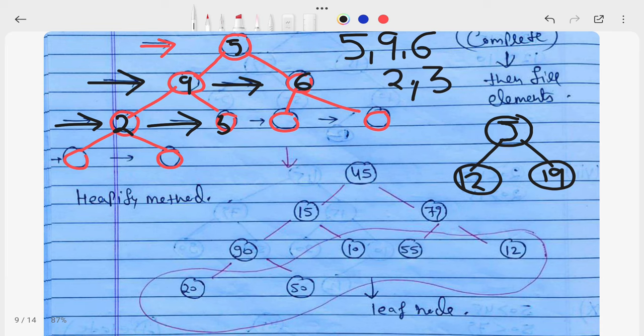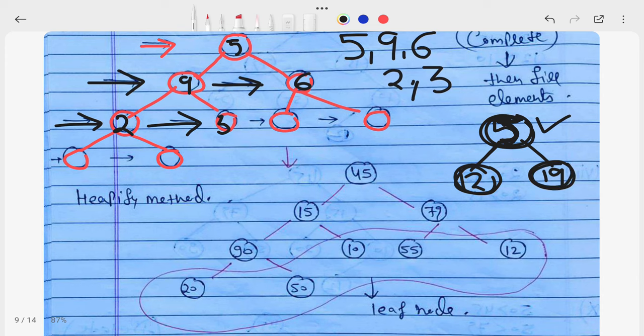If the root is equal to 5, and the root is smaller than the children 12 and 19, then this is the minimum.